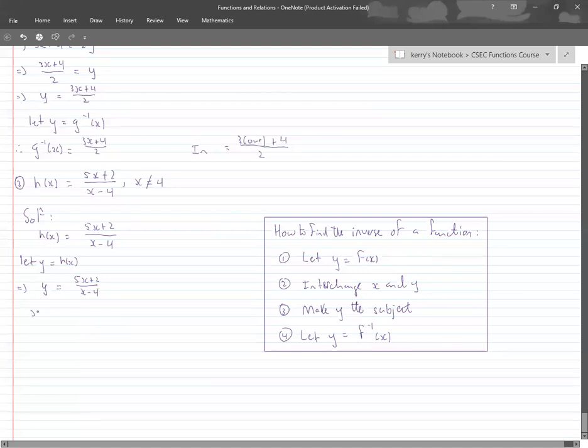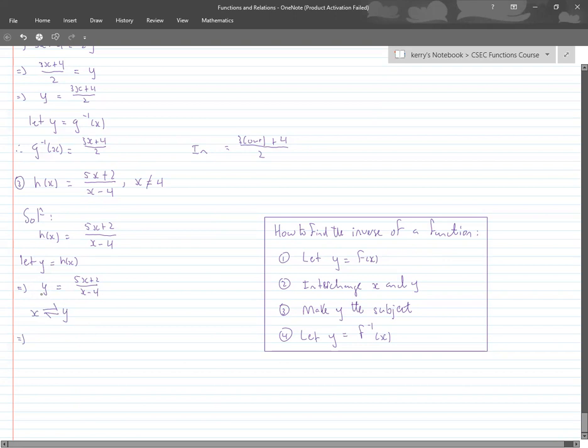Our next step now is interchange x and y. Again, I use a symbol for interchange, but you could use the word interchange. If there's another symbol to use, feel free to use it. Now, over my years of teaching this, some people say, well, there's only one y and two x's, we're not switching the places.